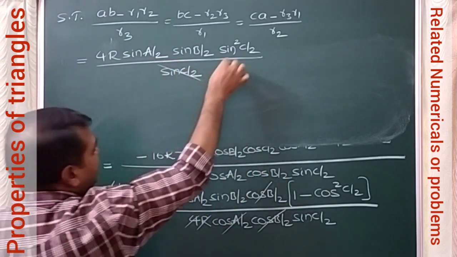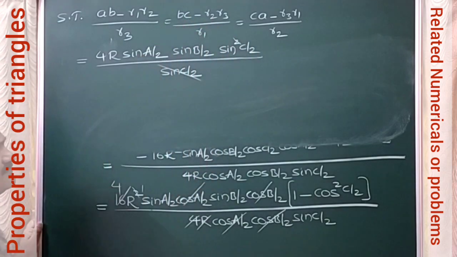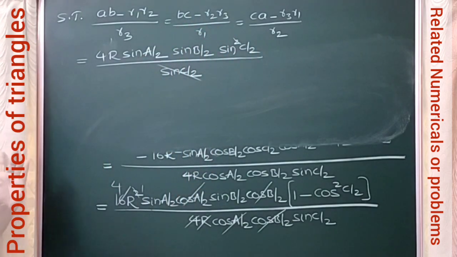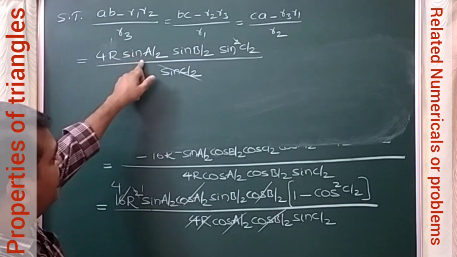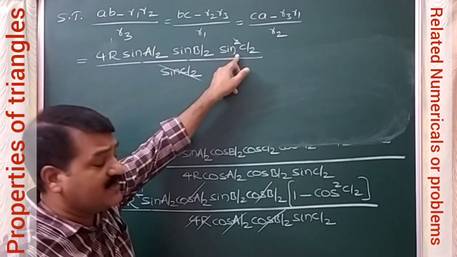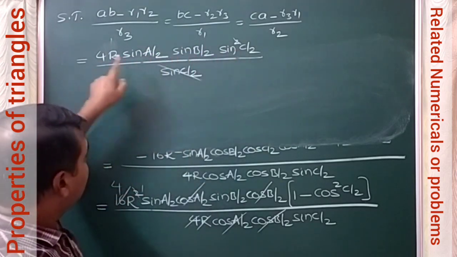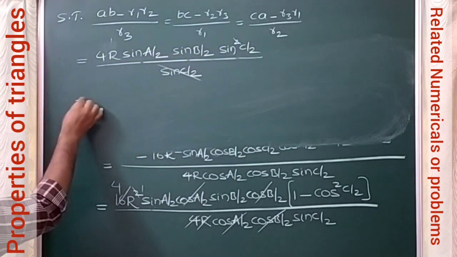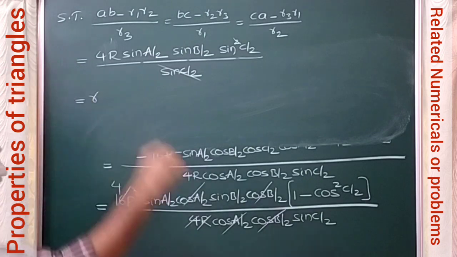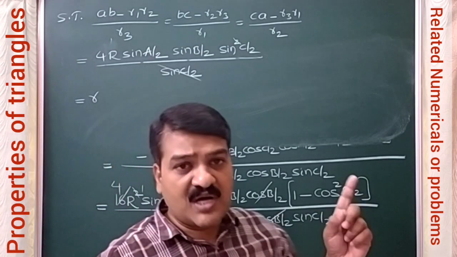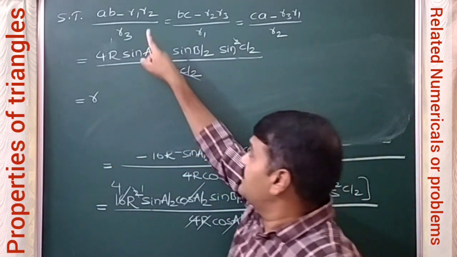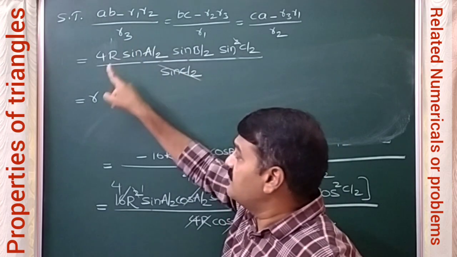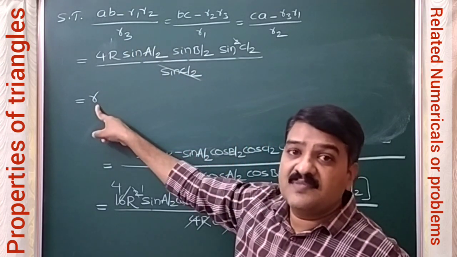Now this sin C by 2 and this square I can cancel. What is left now? 4r sin A by 2, sin B by 2, sin C by 2 is left. And 4r sin A by 2, sin B by 2, sin C by 2 is actually formula of small r. So after simplification, the value of this term we got as small r.